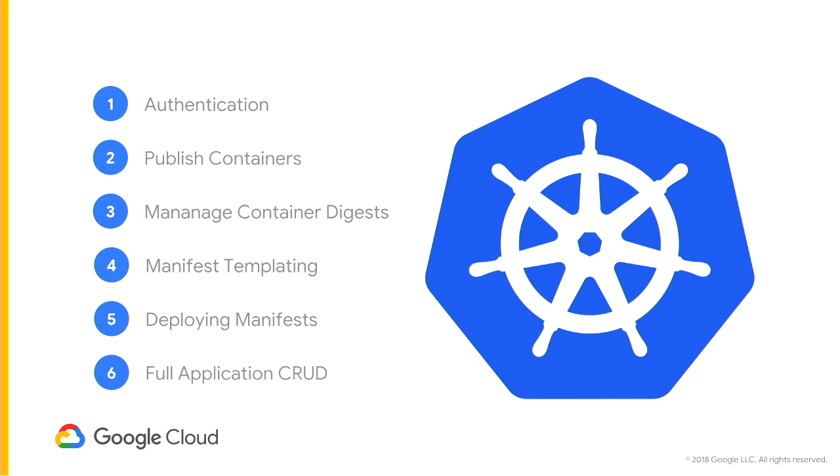Within the Kubernetes rules, it handles authentication, which is super important and challenging within most build systems. It handles publishing the containers, so it will push up to the registry, and does some fun stuff with managing container digests. Instead of typically using tags, and we've got some work to do with this because I know there are folks that want to use tagged versions.